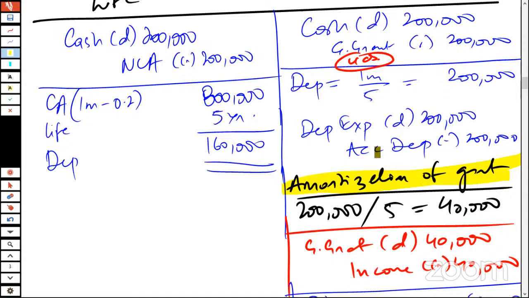Are you able to understand these two methods? Amna Mohsen, with respect to the residual value, just ignore it.